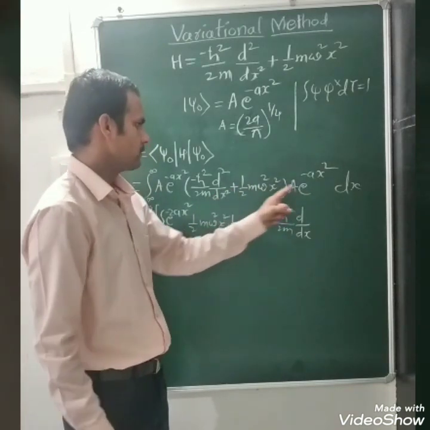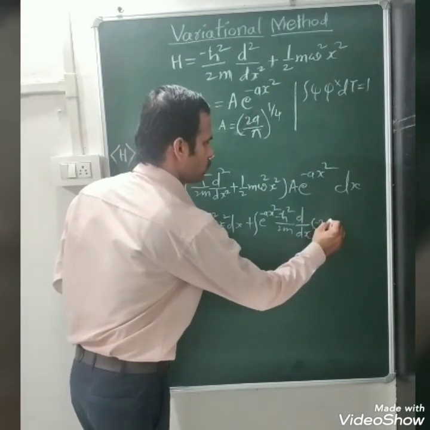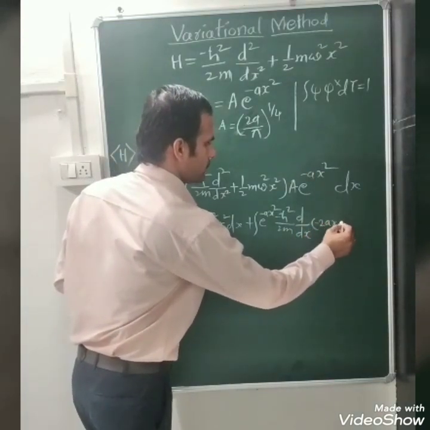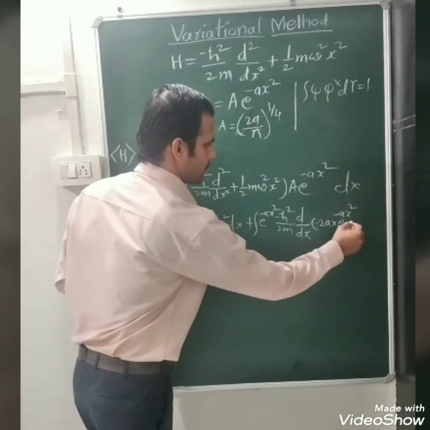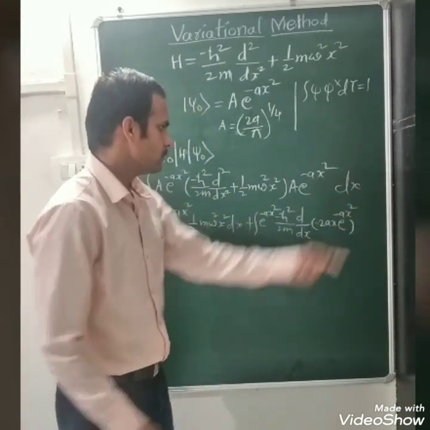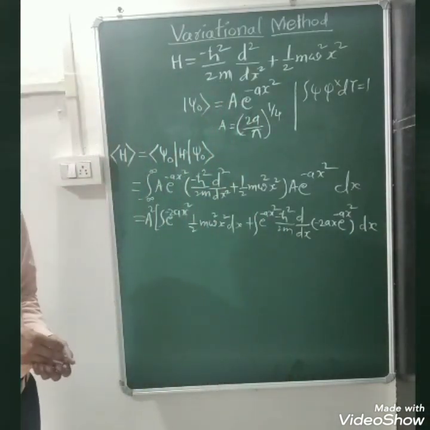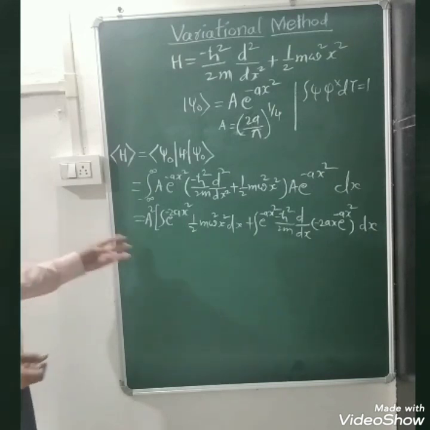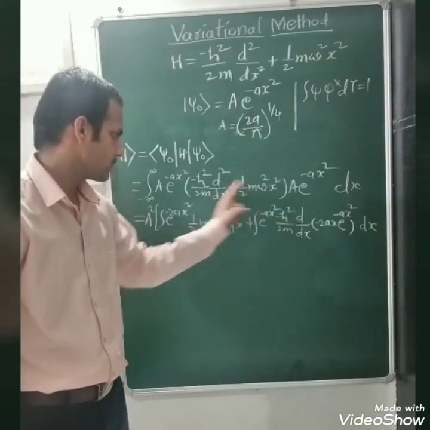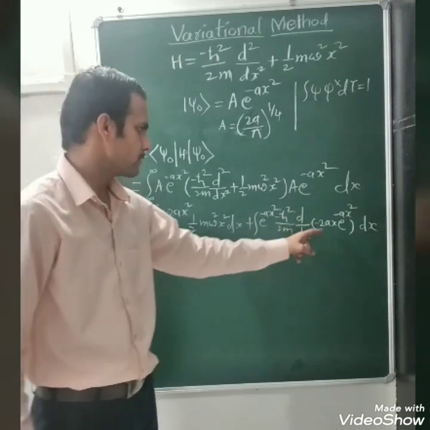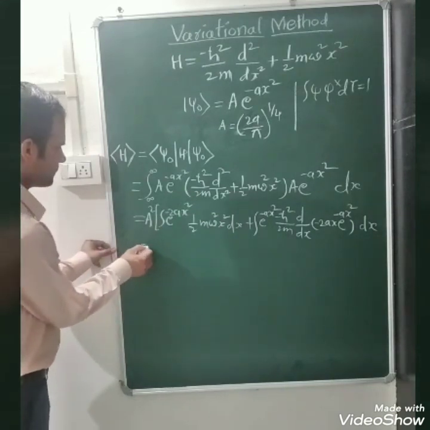First, the differentiation of e raised to minus a x square will be minus 2ax e raised to minus a x square, into dx. So I hope you understand this step. Here we have taken the first differentiation, and again there is another differentiation with respect to x. We will solve it in the next step.